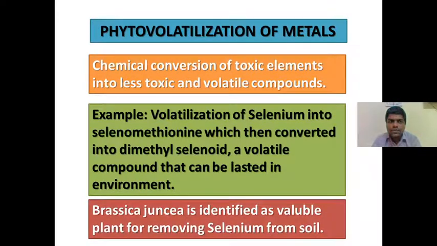So first is phytovolatilization of metals. What is phytovolatilization? It is the chemical conversion of toxic elements into less toxic and volatile compounds. For example, volatilization of selenium into selenomethionine, which is then converted into dimethyl selenide, a volatile compound that can be released into the environment.